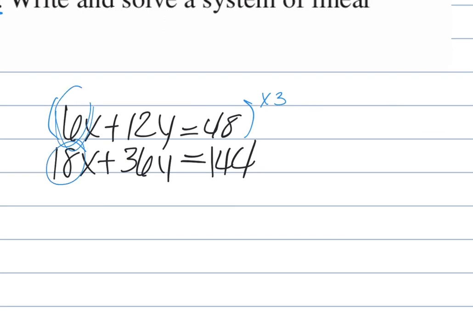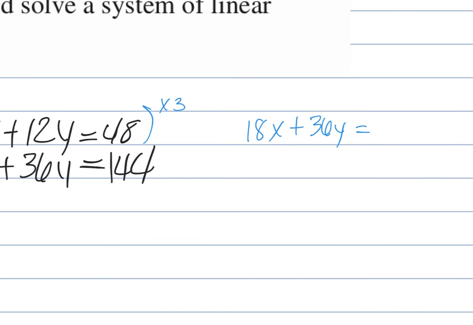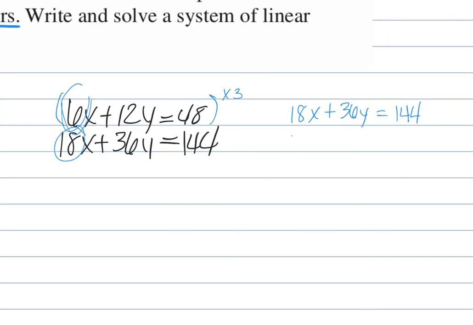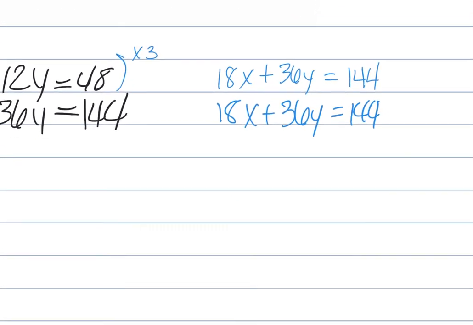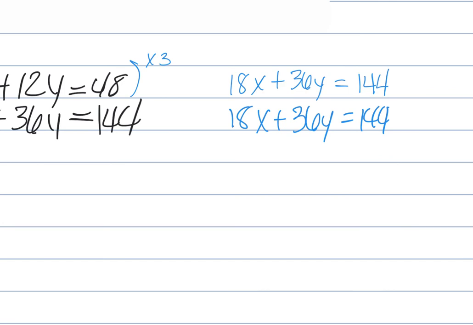And what we're going to see is we're going to get 18x plus 36y equals 144. The bottom equation, we're going to get 18x plus 36y equals 144. Oh my gosh, we have the exact same equation. Now, if you remember, when the equations match up exactly, you have infinitely many solutions.